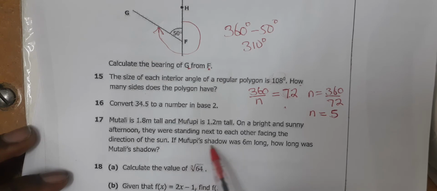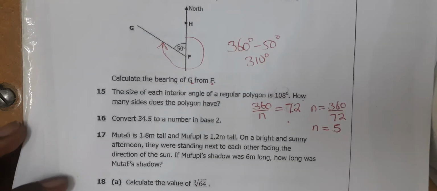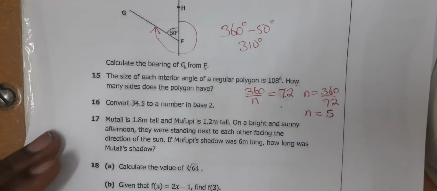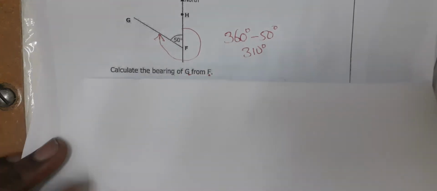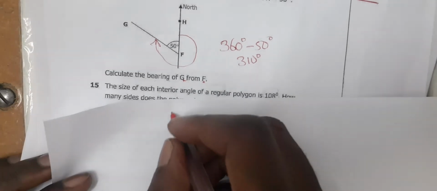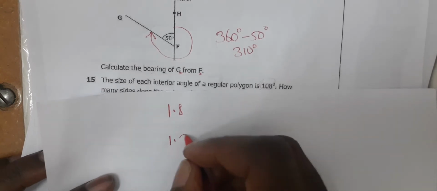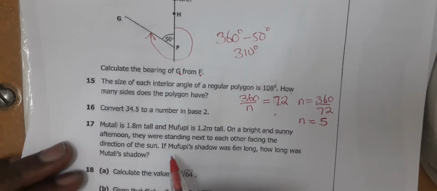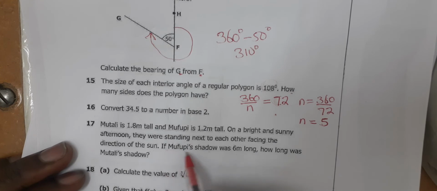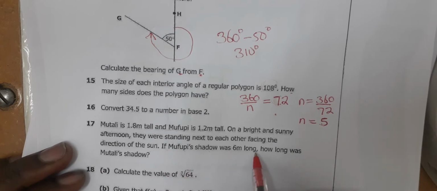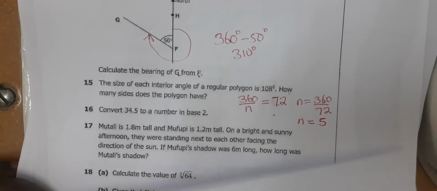If Mfupi's shadow was 6 centimeters, how long was Mtali's shadow?